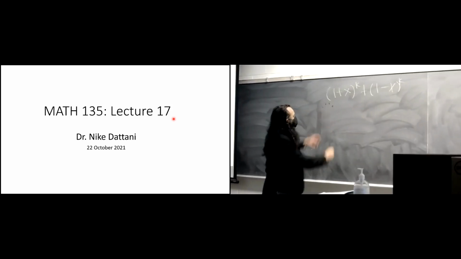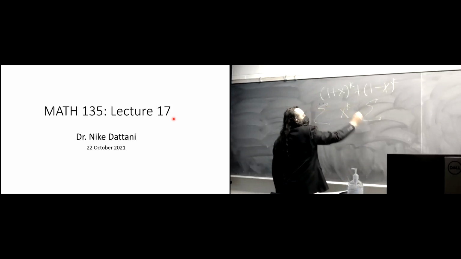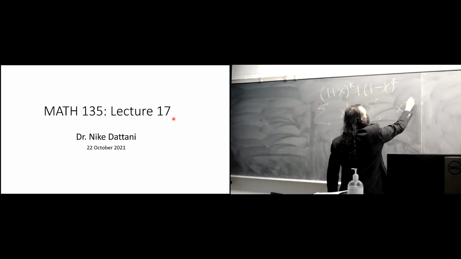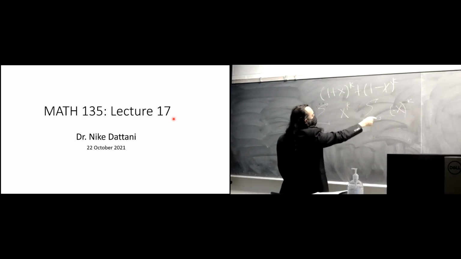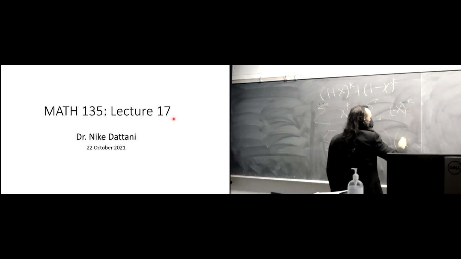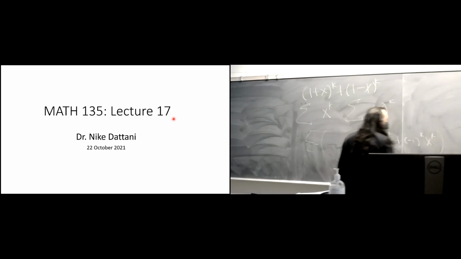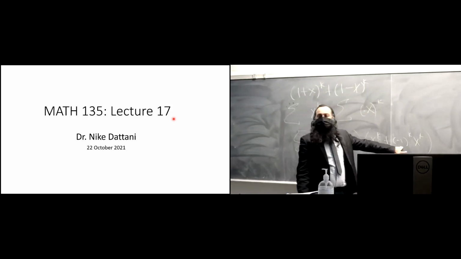Yeah. So you immediately turn this into a sum and this into a sum, and this is going to be something x to the k. This is something x to the negative x to the k. And then I told you that if you have something like this, you can factor them out. So you get this thing times x to the k plus negative 1 to the k x to the k, right? And then this is 0 when k is odd.